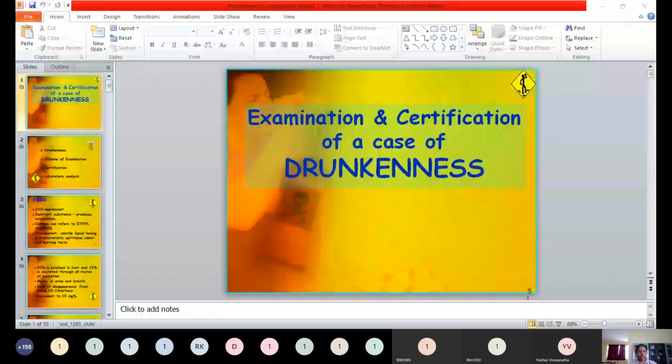Commonly we refer to it as ethyl alcohol. When you say he has consumed alcohol, it is nothing but ethyl alcohol. The physical property of ethyl alcohol is that it is a transparent volatile liquid having a characteristic spirituous odor and a burning taste.